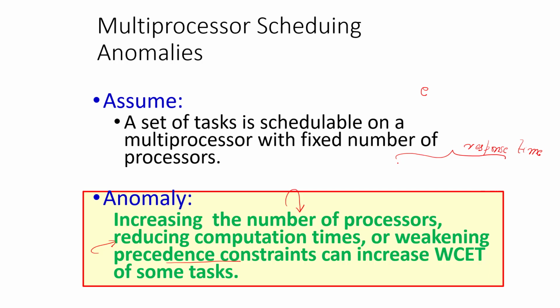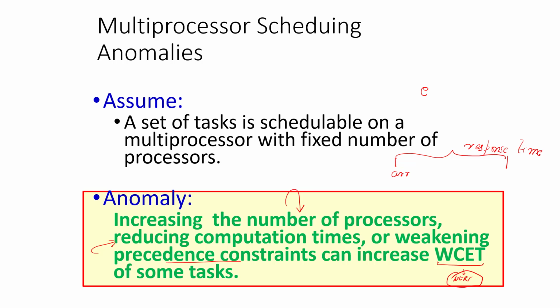But the response time is the time between the arrival of the task and the time in which the task actually completes its execution. So when I'm talking about the worst case execution time, it is nothing but the worst case response time. But for some reason, the community prefers worst case execution time when it actually means worst case response time.